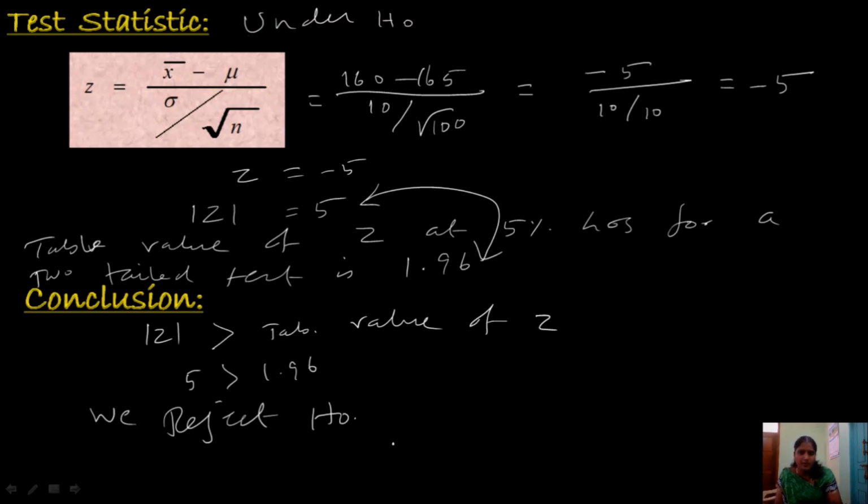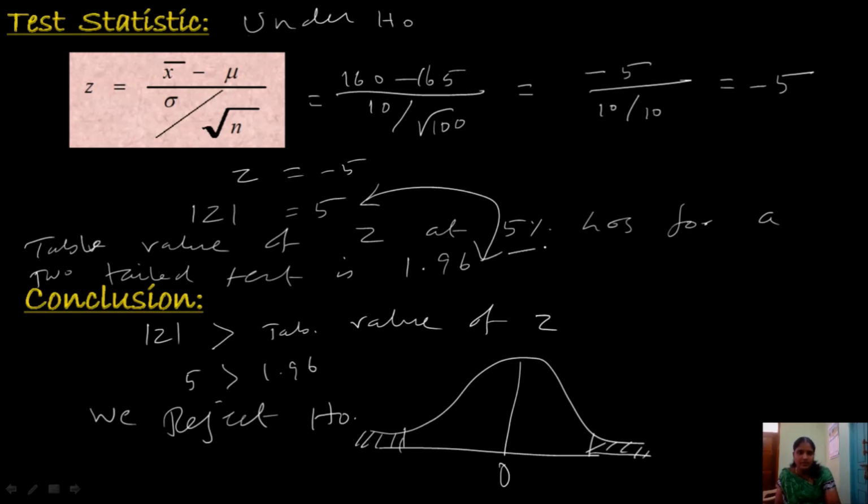I am going to explain how the rejection region falls here. It's a standard normal curve. So if it is a two-tailed test, definitely the critical region falls on two sides of the normal curve. Since we have to take 5% level of significance, so 0.025 to the left hand side and 0.025 to the right hand side of the tails of the curve.